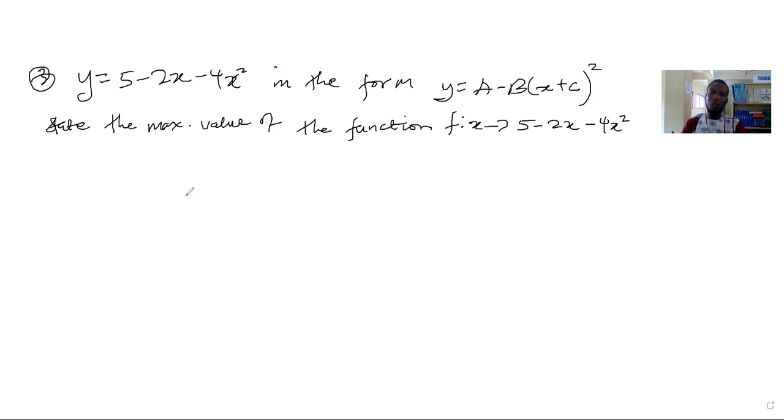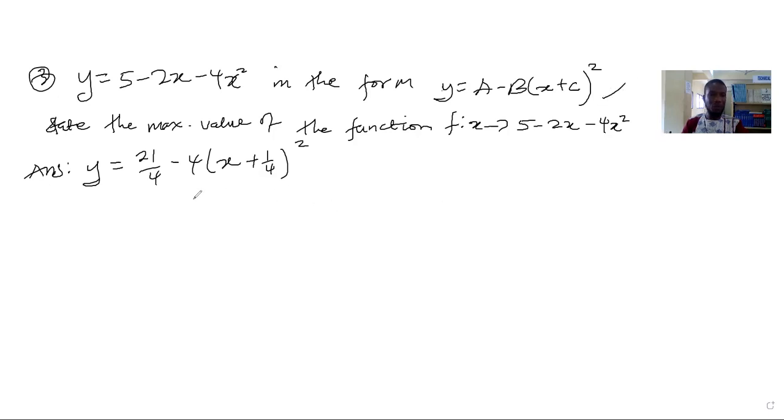And here, when you finish, the answer you are supposed to get is y equals 21 over 4 minus 4 into bracket x, or parenthesis x plus 1 over 4 all squared. This is supposed to be your answer for this.